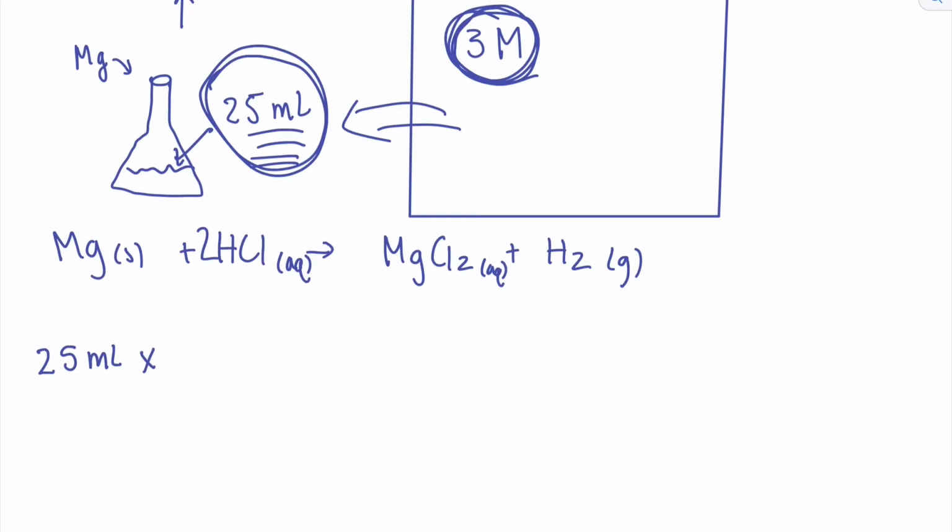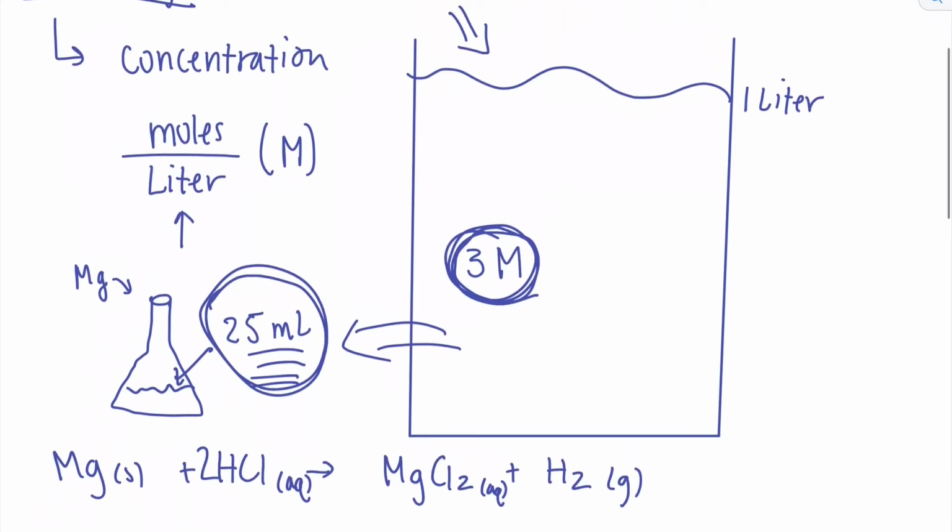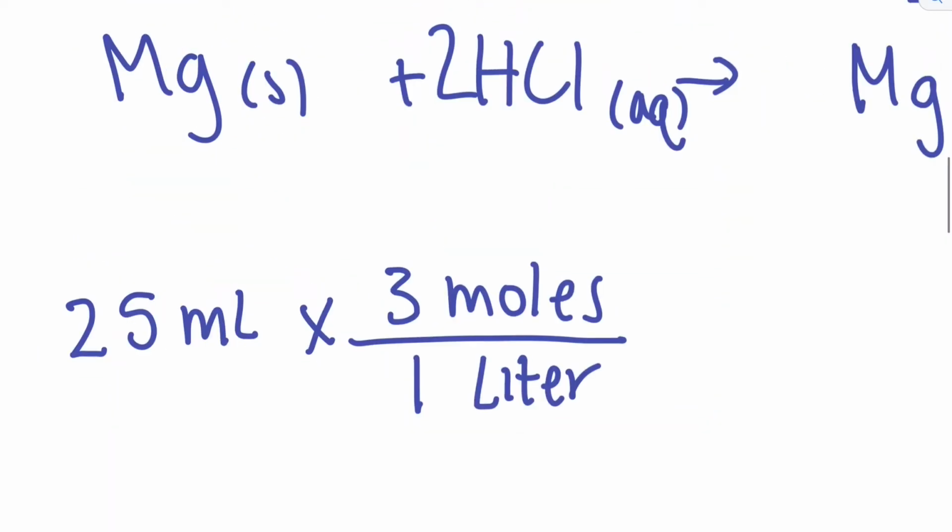Because it's 3 molar, I would put 3 moles on the top of my conversion factor and 1 liter on the bottom, because it's always moles per 1 liter. Since I'm working with milliliters, you can choose to do this one of 2 ways.